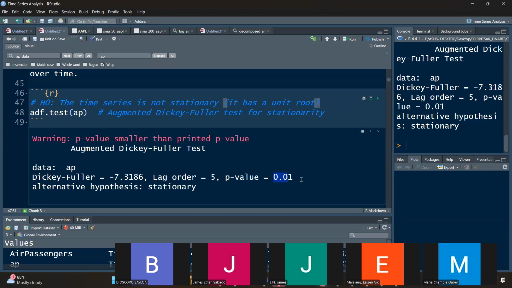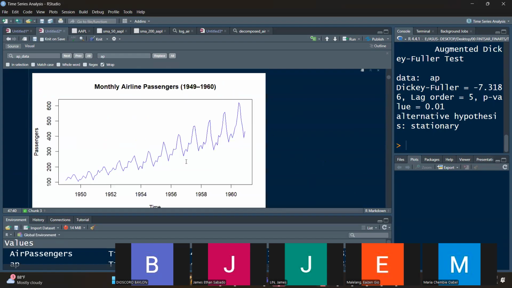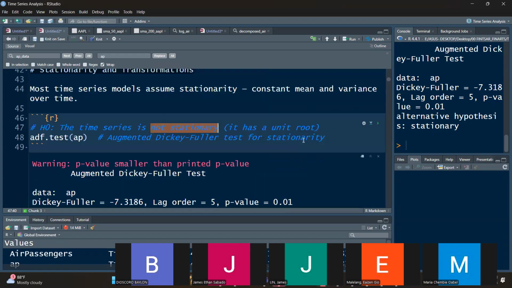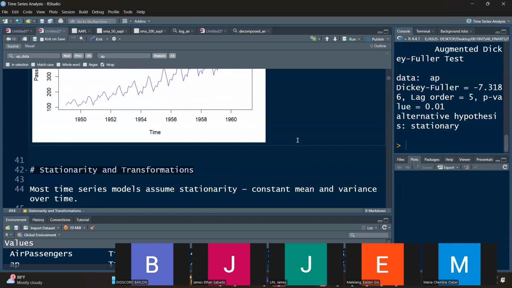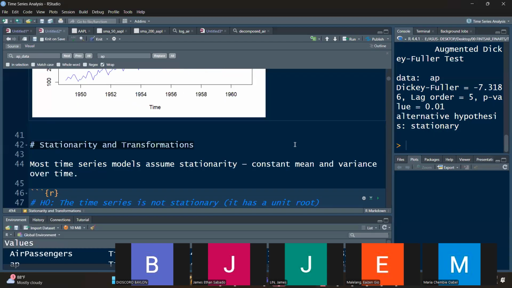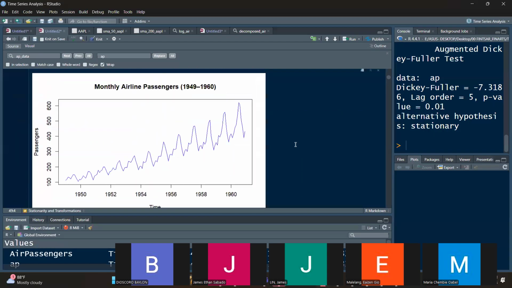The p-value is 0.01, which means that we are rejecting the null hypothesis that the data is not stationary. Airline passengers, as we saw, is not stationary. So based on the ADF test, it tells us that the data is stationary, that it has no unit root.